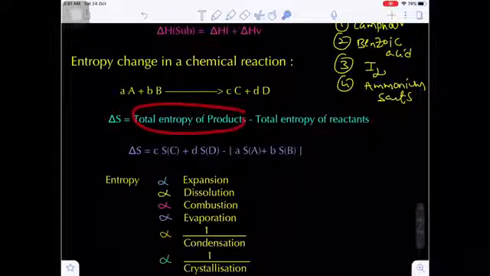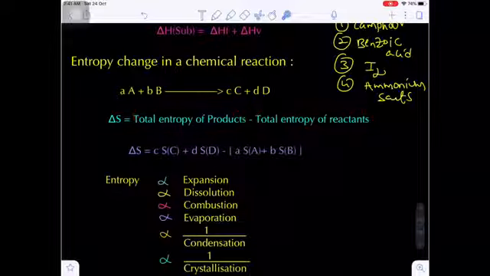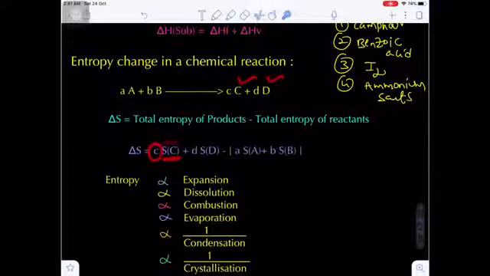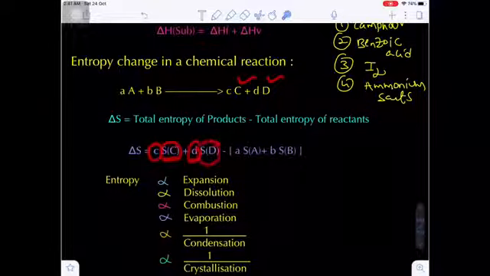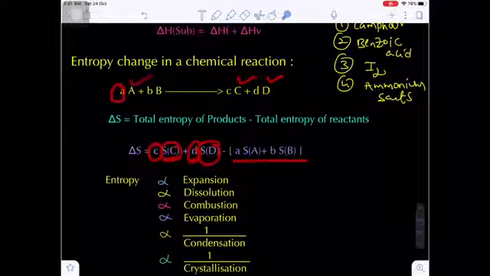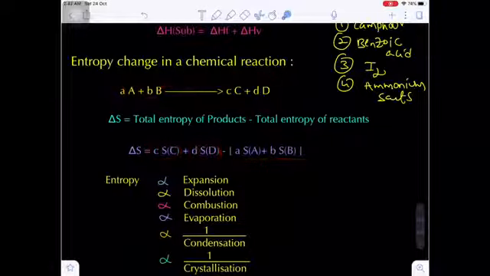The total entropy of the products minus the total entropy of the reactants. Here the products are C and D. So the number of moles of C into entropy of C, plus the number of moles of D into entropy of D, minus the number of moles of A into entropy of A plus the number of moles of B into entropy of B.